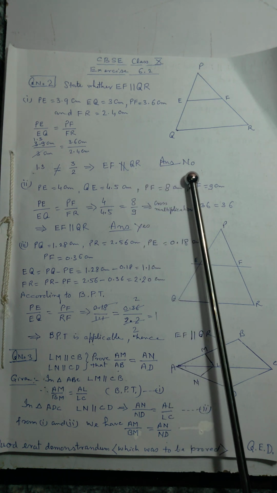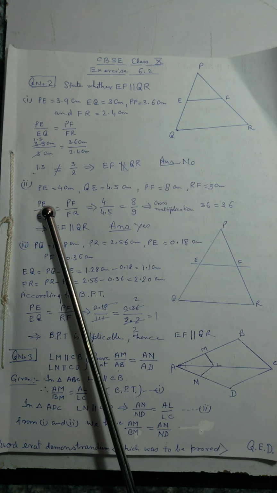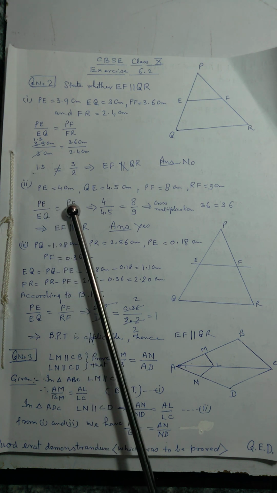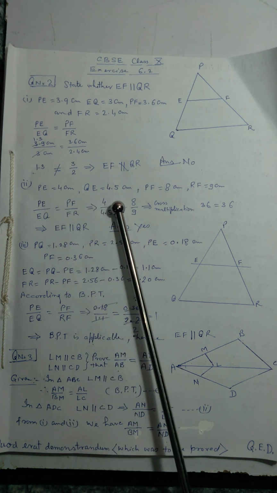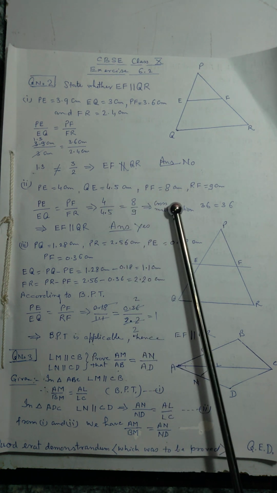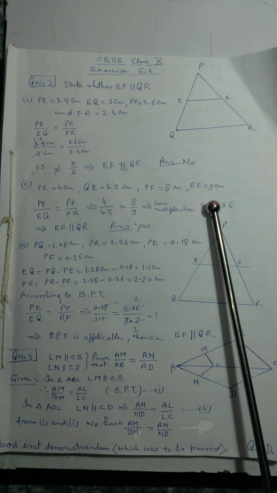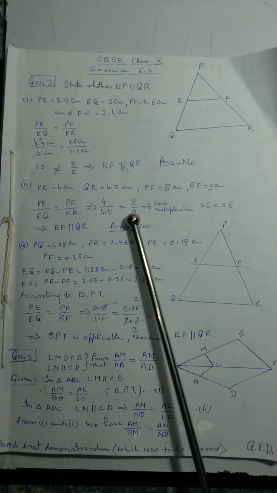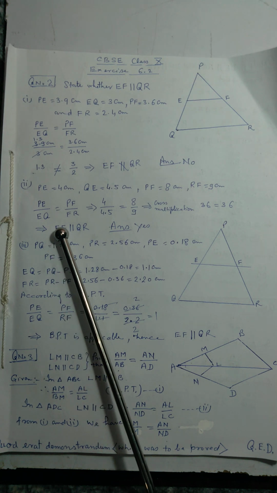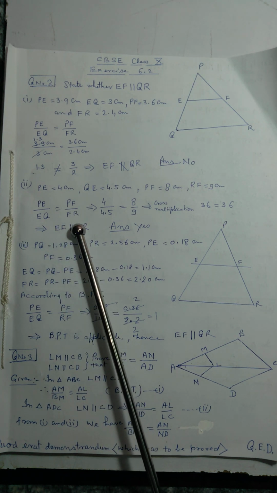Answer is no. Now the second part: here PE is given as 4 centimeters, EQ is 4.5 centimeters, PF is 8 centimeters, and RF is 9 centimeters. Now substitute these values. PE upon EQ is equal to PF upon FR.